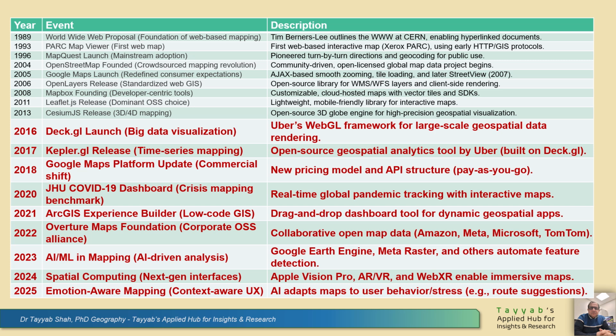Then we have ArcGIS Online Experience Builder in 2021. And new things are coming, such as spatial computing, which Apple is working on, and emotional awareness mapping, which is being discussed and looks like it will be implemented this year.